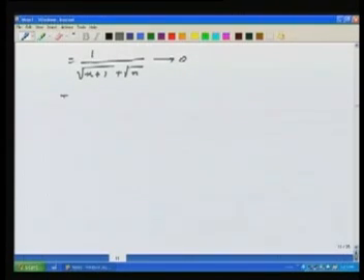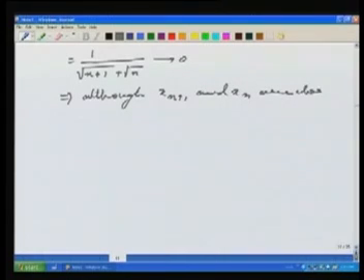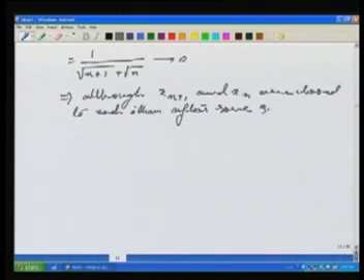It implies that although xn plus 1 and xn are close to each other after some stage, xn is not convergent.